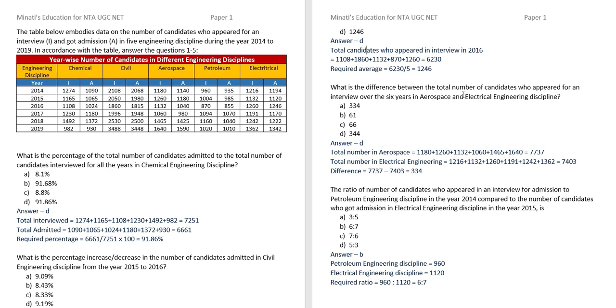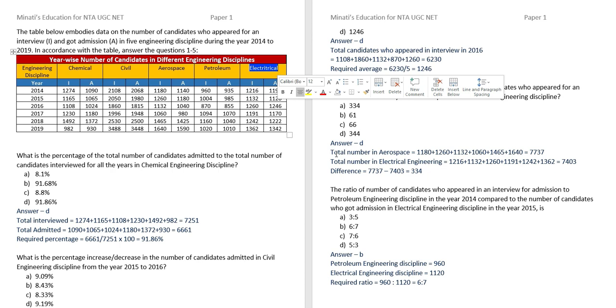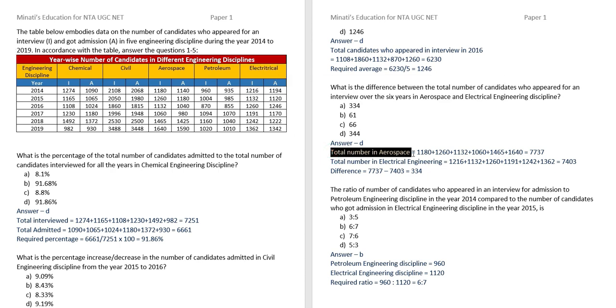What is the difference between the total number of candidates who appeared for an interview over the 6 years in the aerospace and electrical engineering disciplines? Total for aerospace, just add it, you will get 7737.